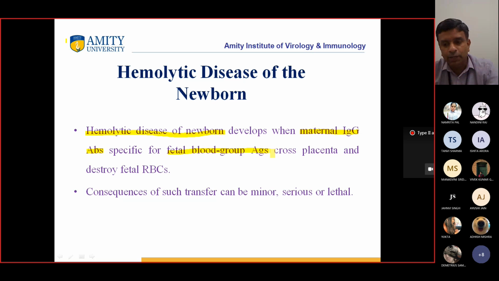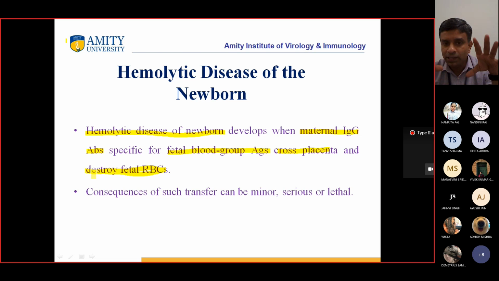And IgG can cross the placenta, so the mother's antibodies will cross the placenta and reach the antigens present on fetal blood. When this antigen-antibody reaction takes place, it will destroy the fetal RBC, right? You understand? Clear?